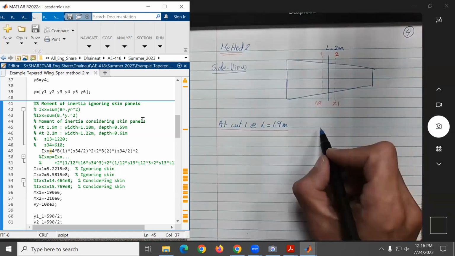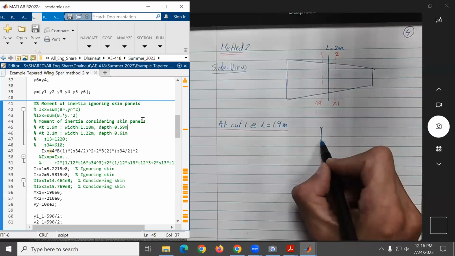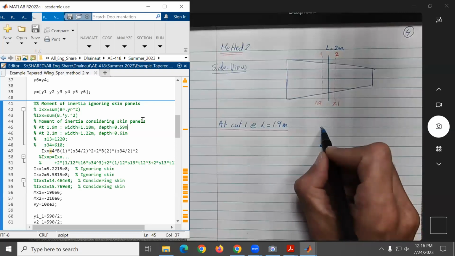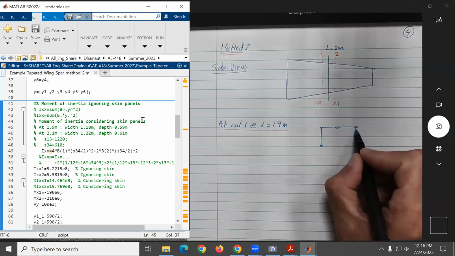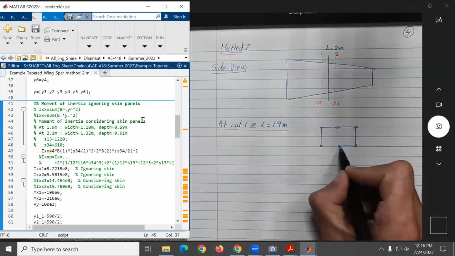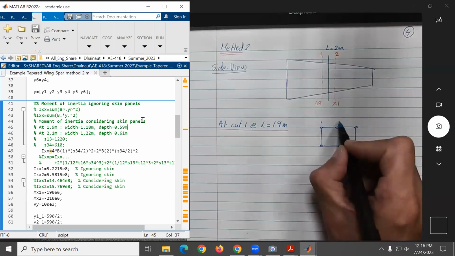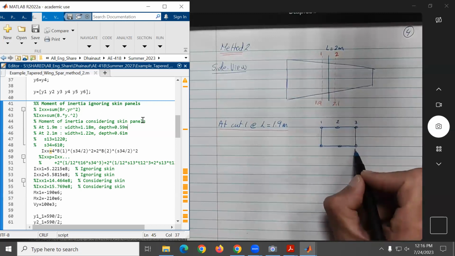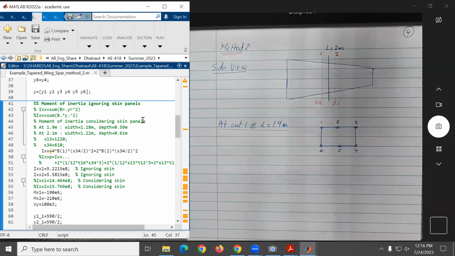Okay, I'm going to leave some of the calculations for you. So at that cut, what's going to happen to the cross section? We're still going to have the cross section 1, 2, 3, 4, 5, and 6.